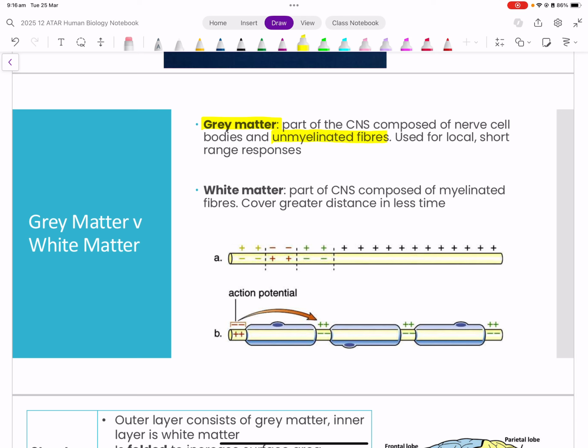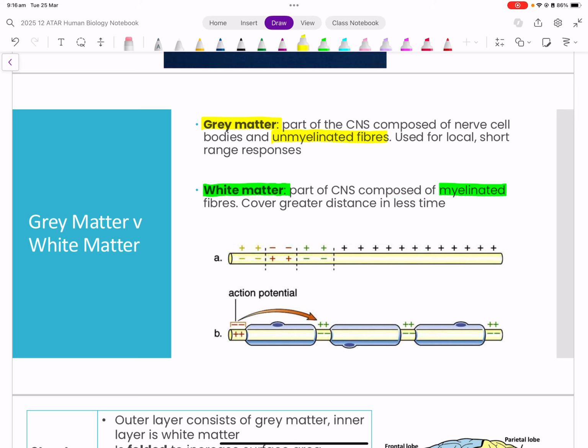So they're really good for that sort of short-term response because they don't transmit information particularly quickly. When we're talking about the white matter, on the other hand, you can think of this as that myelin tissue. Why is it white? Well, the myelin tissue, as we know, is largely fatty tissue, and so that fatty tissue generally appears white. And the benefit to all of the myelinated tissue is it is much quicker, so it can cover a greater distance in significantly less time.